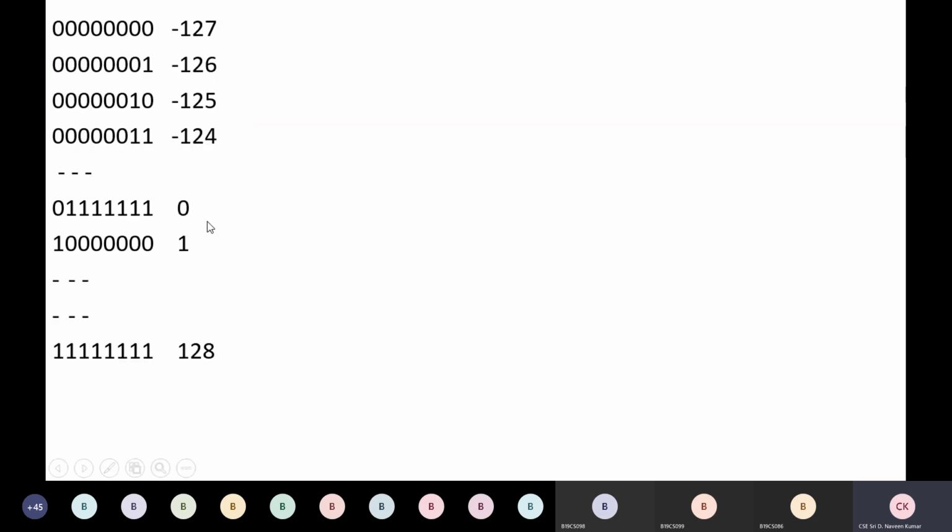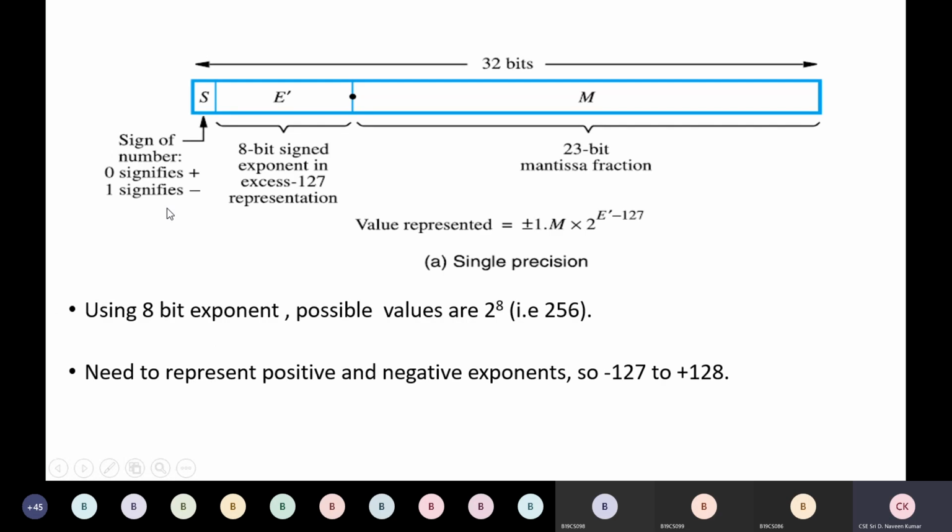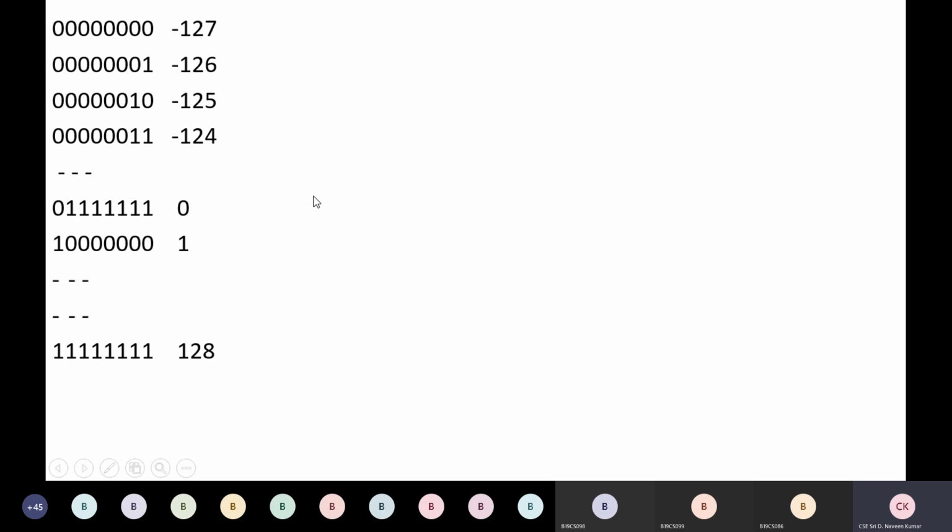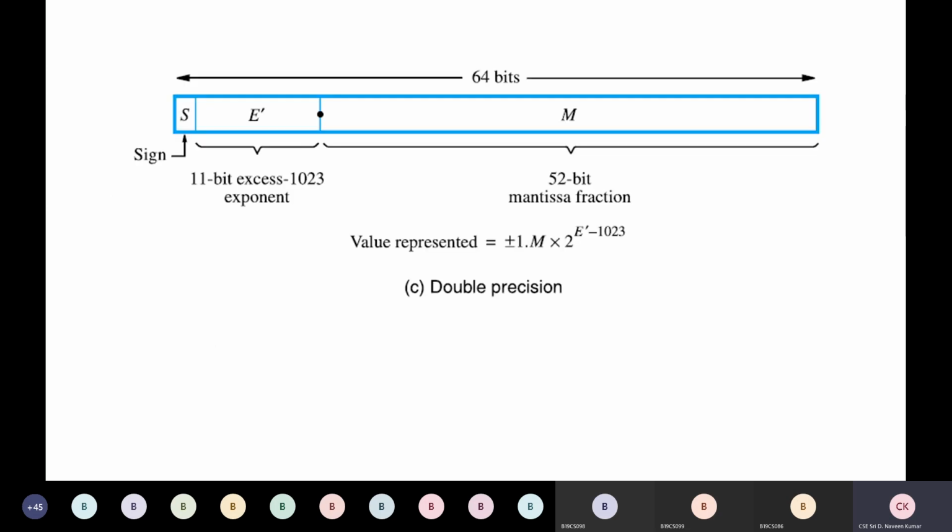We will see an example where we use this representation, 8-bit signed exponent, XS127 representation. We will see an example of conversion. So this is an example format. This is the format for double precision, which I said is 64 bits. This is the sign bit, which is 1 bit. We already know the plus and minus, we use 0 or 1.